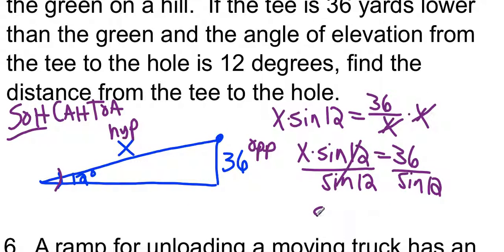So that's an x. I need a calculator. Okay, so when we put this into the calculator, again, make sure you're in degree mode. 36 divided by sine of 12 is going to be 173. I believe these are yards.